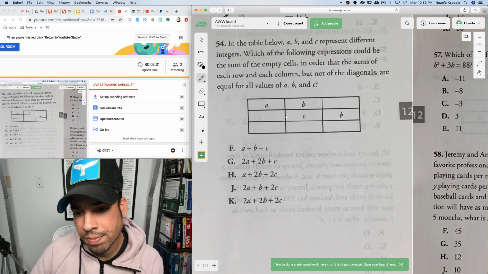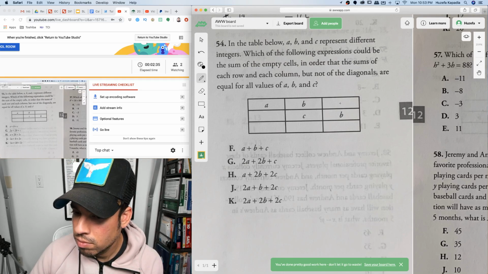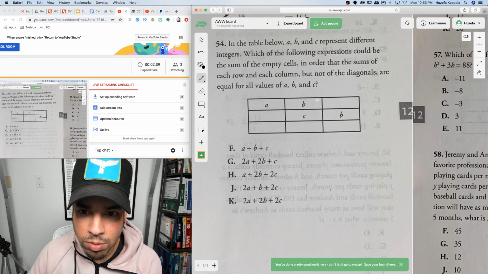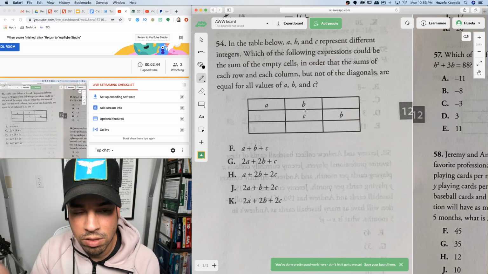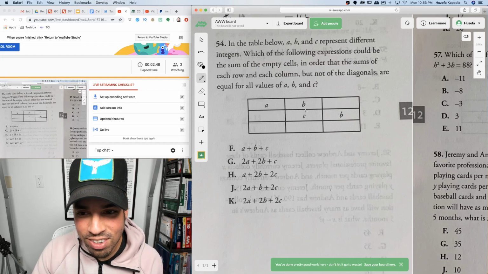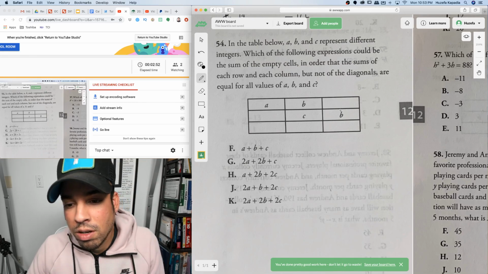Oh, got it. Could be the sum of the empty cells. This is the most confusing question I've ever read. This is insane. In order the sums of each row and column are equal for all values of A, B, and C. All right, whatever.